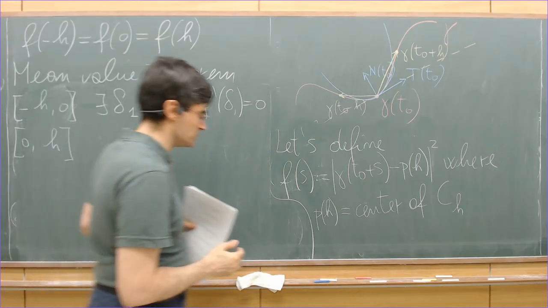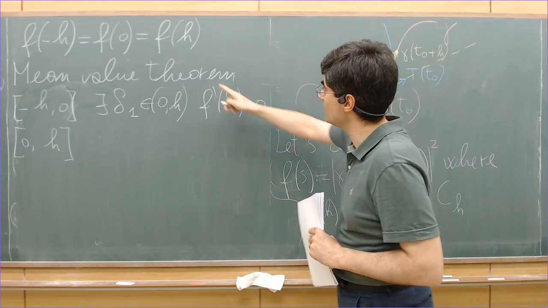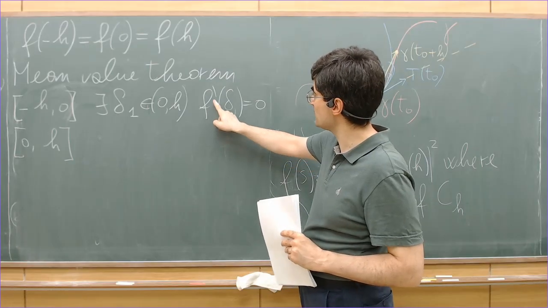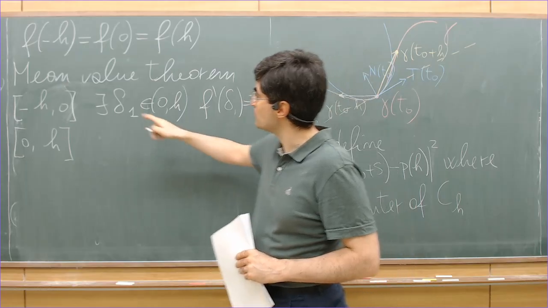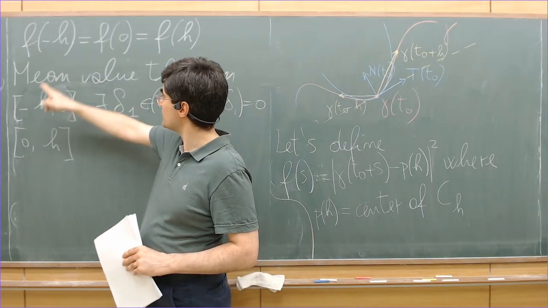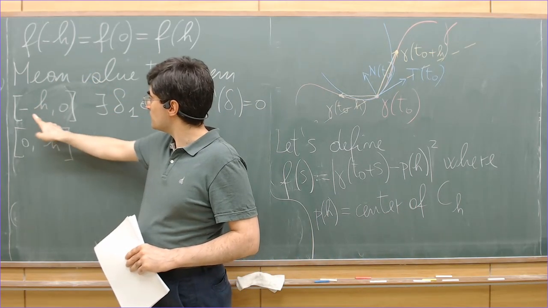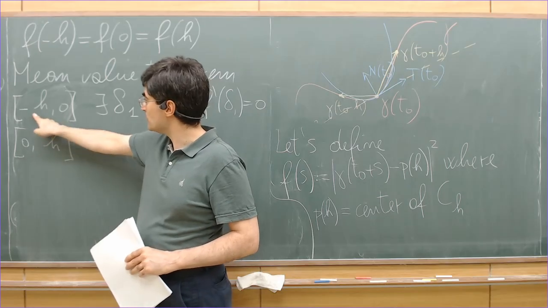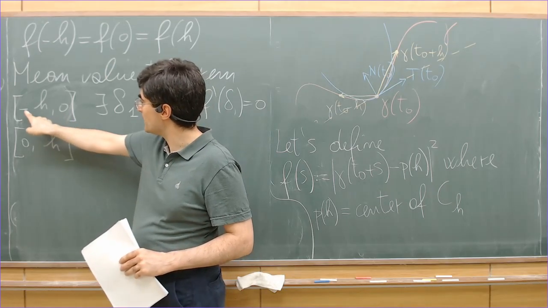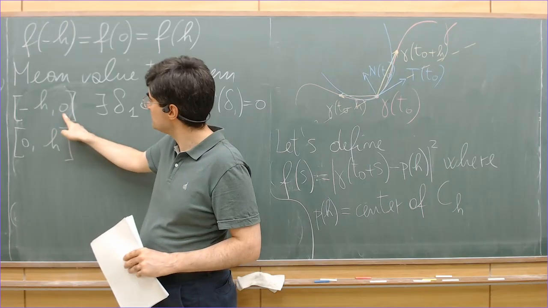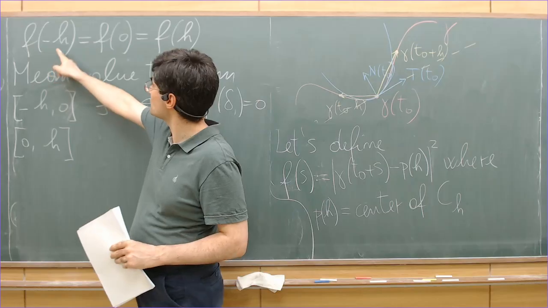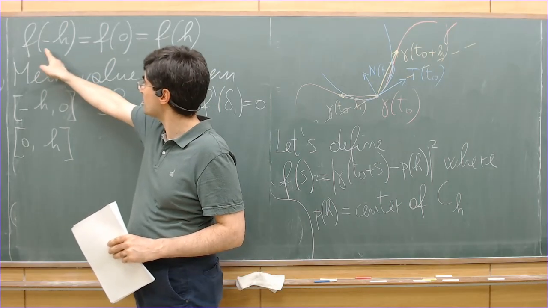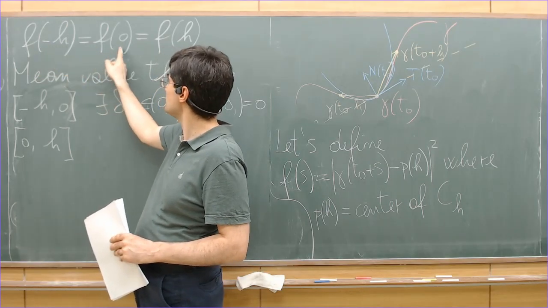Precisely, the mean value theorem says that f prime of delta 1 should be equal to the difference of the function f at the boundary points of the interval, minus h and 0, divided by their distance.